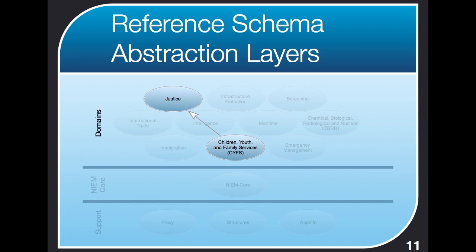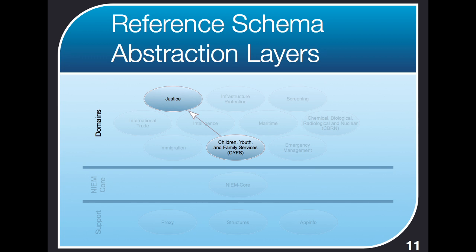Domains can also draw upon other domains. So in this example, the Children, Youth, and Family Services domain could draw upon things in the Justice domain, and indeed it does. So there are objects in the Justice domain that the CYFS domain either uses as is or extends to make special versions for itself. And vice versa can also be true, although it isn't in this particular case, it can be.